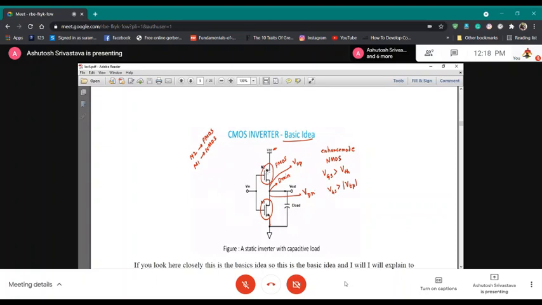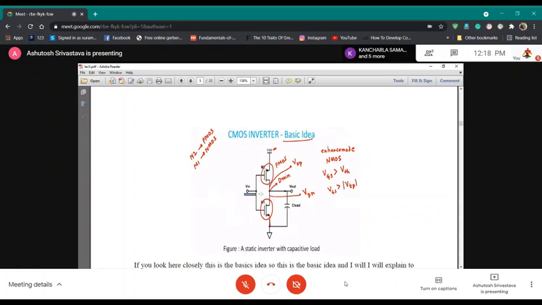So whenever your PMOS gate voltage is close to 0, the PMOS transistor conducts while your NMOS transistor is in the cutoff state. So whatever is at VDD, it goes to Vout. So there is a direct connection between your VDD and your Vout because the transistor is in the conducting state. So there is a load capacitor and it gets charged up.